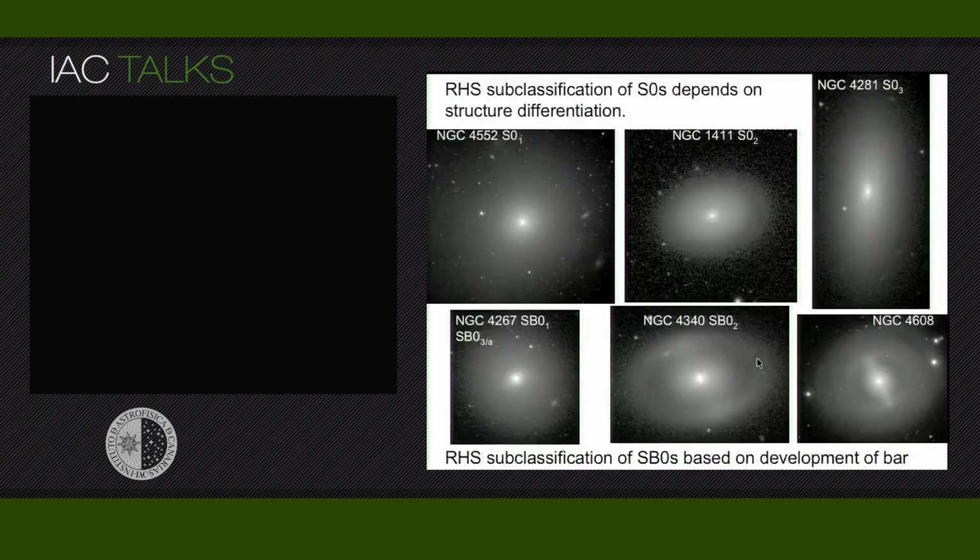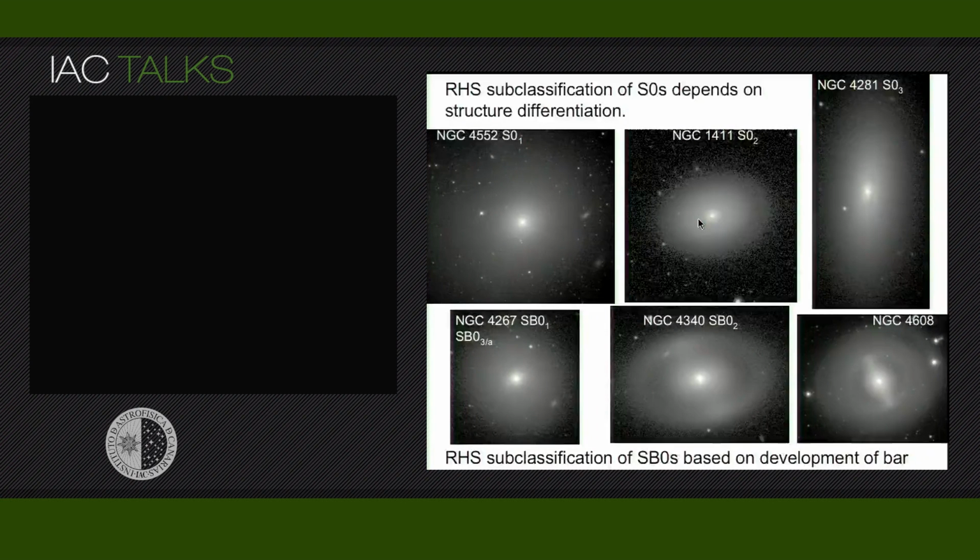And there's a subclassification, S0 1, 2, and 3, that's based on the development of increasing structure, from just a faint lens in the S0 1s to more obvious structure in S0 2 to practically a dust structure in S0 3. So this is the revised, what we call the Carnegie Atlas, the revised Shapley-Ames, or the Hubble classification of S0s without bars.